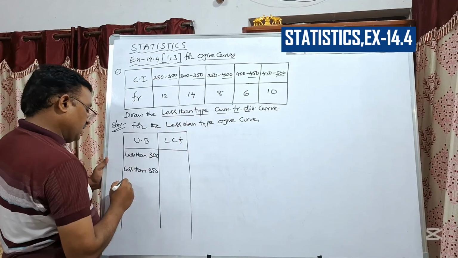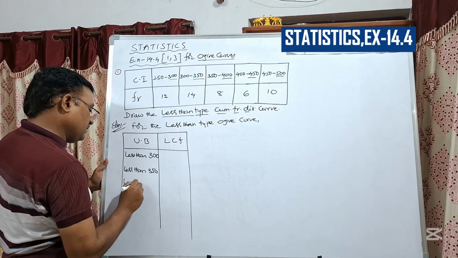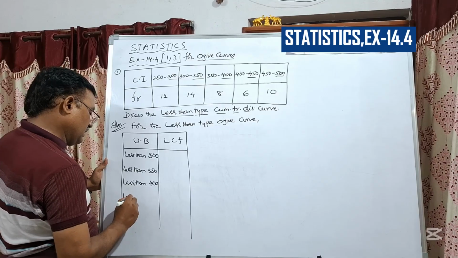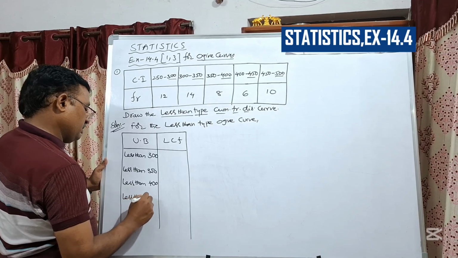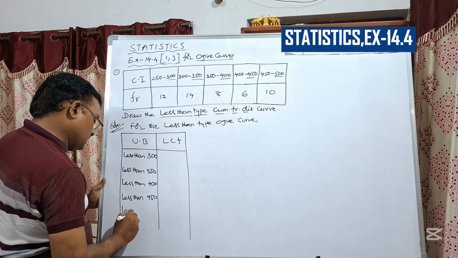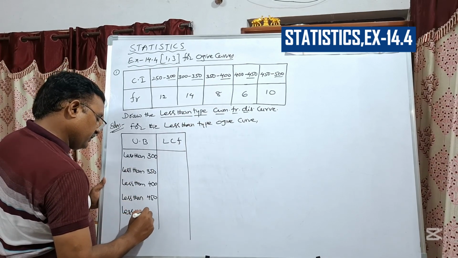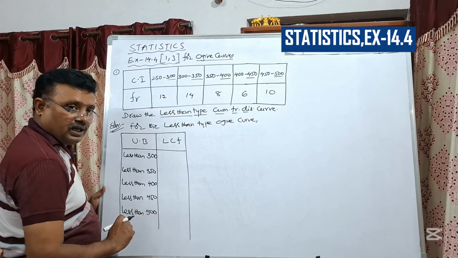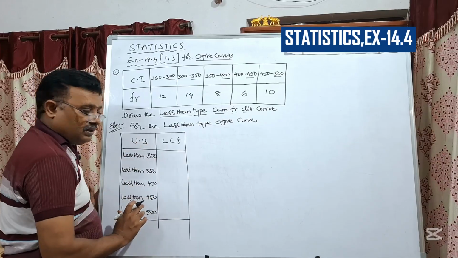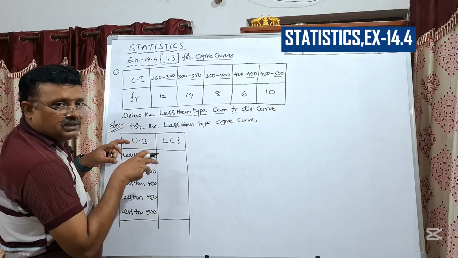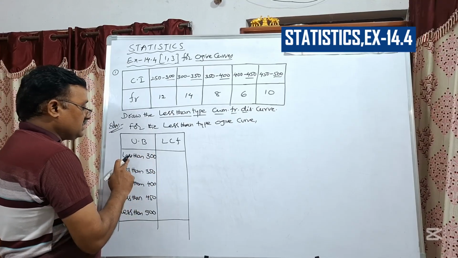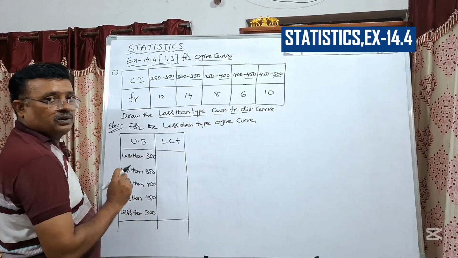Next one, same way, less than 400. Next one, less than 450. Next one, last one, less than 500. Okay? This is the formality to prepare the table, but our main focus will be on the numerical values. So that's why this is called the less than type ogive curve.